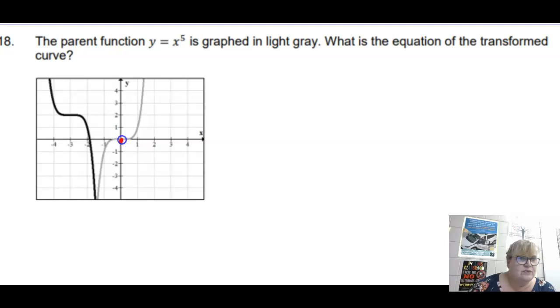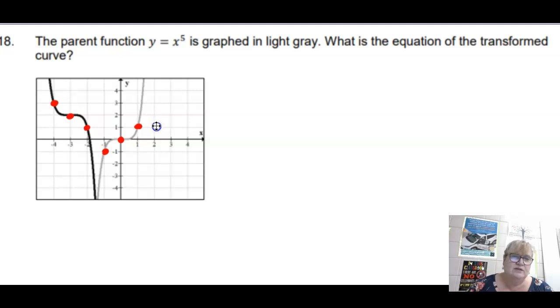All right, so this one went through these 3 spots. If we go over here and we highlight those 3 dots, this either reflected upside down or across the y.